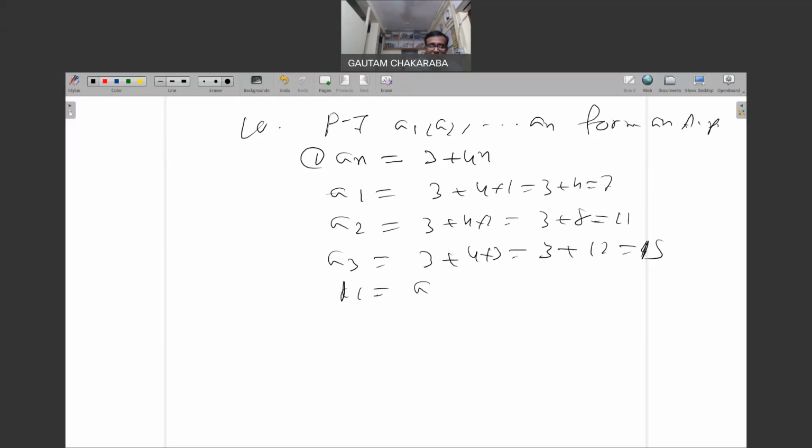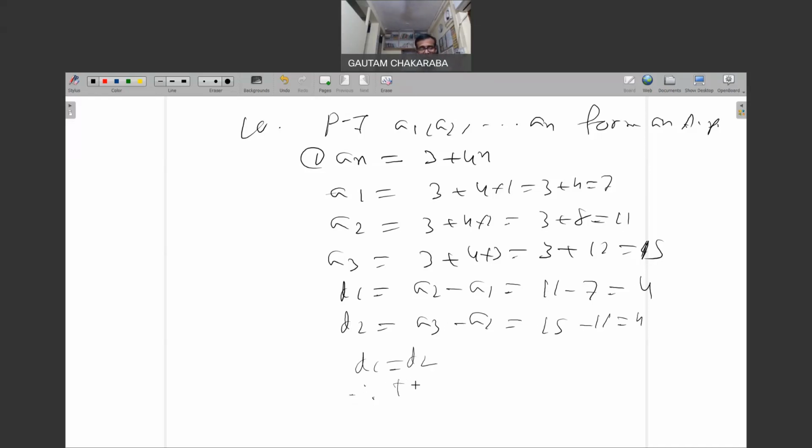First common difference, D1, is second term minus first term: 11 minus 7, that is equal to 4. And second common difference, A3 minus A2, 15 minus 11, is 4. And consecutive common differences are the same. So D1 is equal to D2, therefore it is an AP.